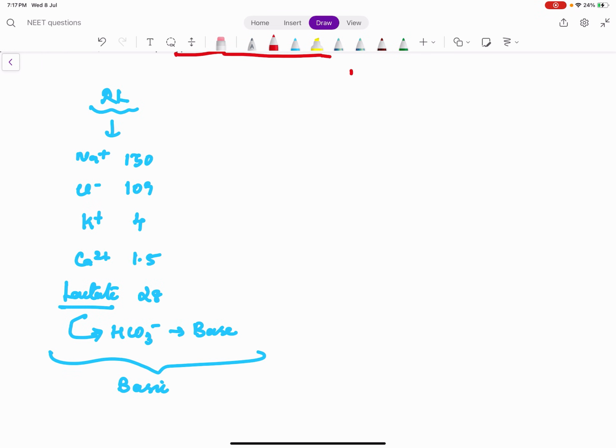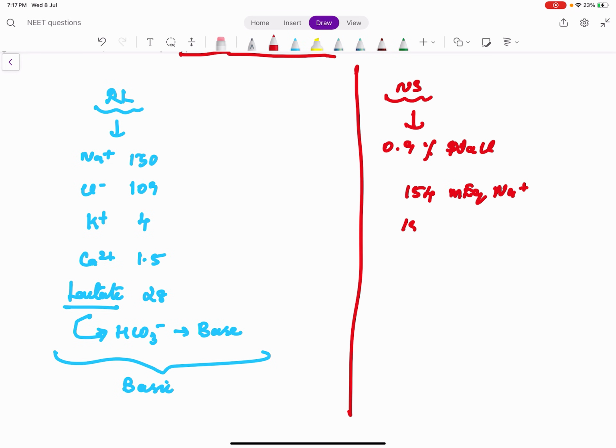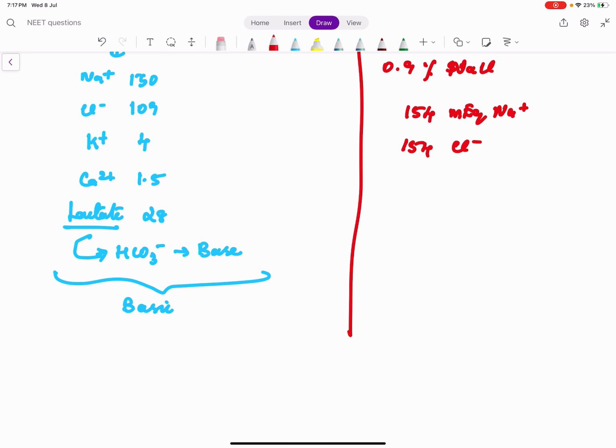On the contrary, what happens with normal saline? Normal saline is 0.9% sodium chloride. It has 154 milliequivalents of sodium and 154 milliequivalents of chloride, which is not normal for the body.